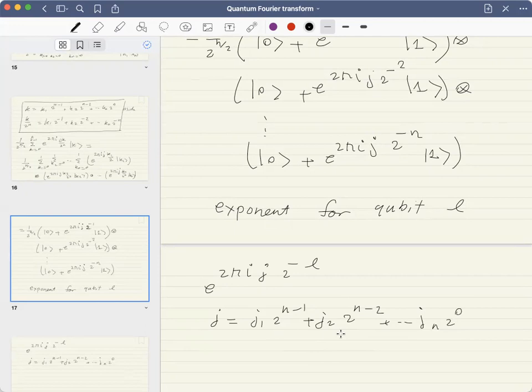So that's the expansion of j in terms of these bit strings as binary values.